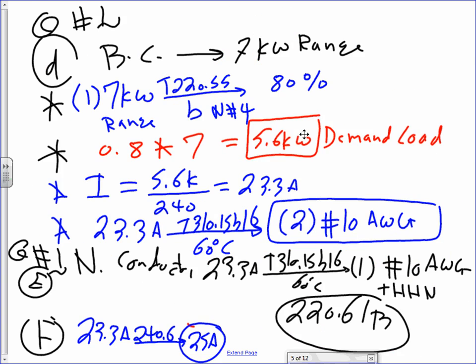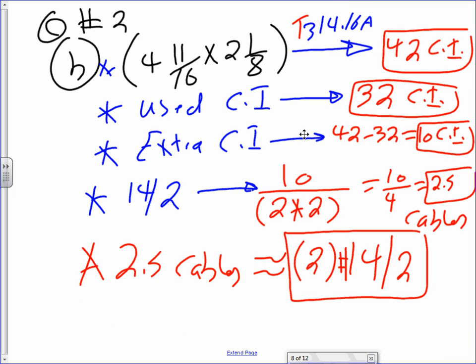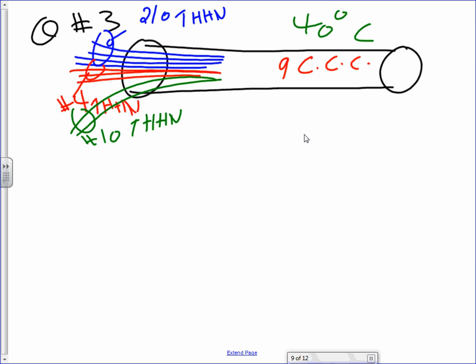Now this is a bad design. If you're to do it this way, the way we're doing it, that's a very bad design, to put all these conductors in one conduit, all carrying current. Really bad design. Okay, so I drew for you guys the 2 aught are the blue, the number 4 THHN are the red, and number 10 is the green.